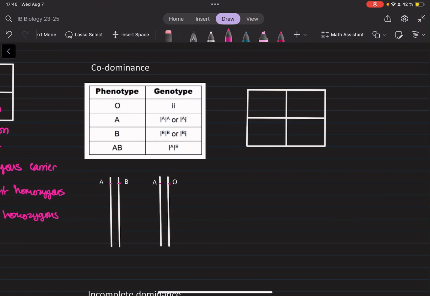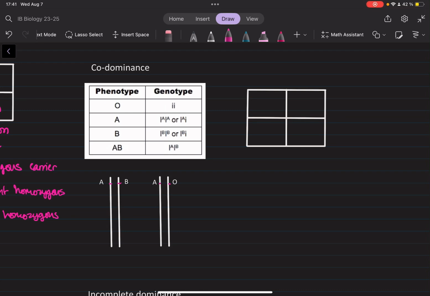And the one the IB wants you to at least recognize is blood types. So you can get O blood type, A blood type, B blood type, but you can also get AB blood type. Essentially, A and B are both dominant alleles.